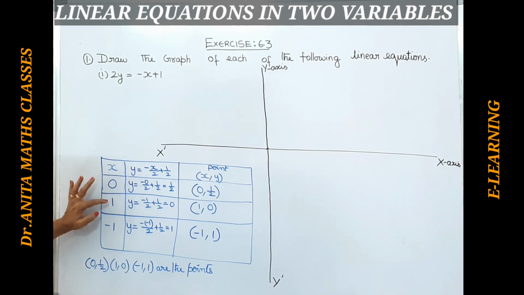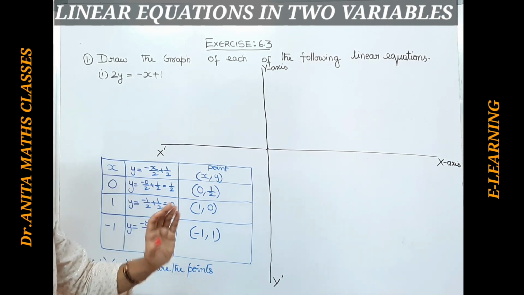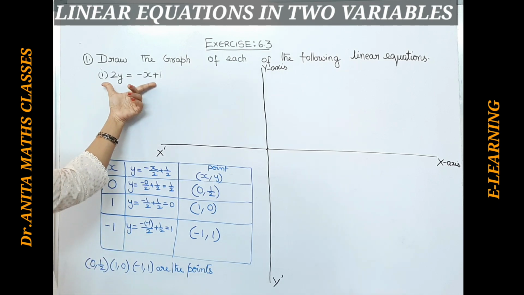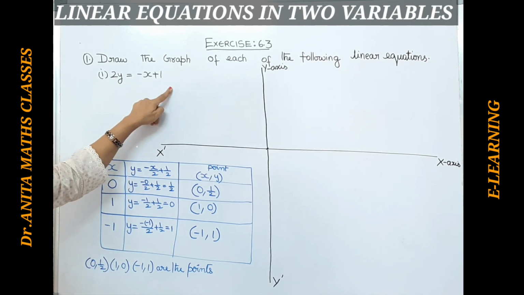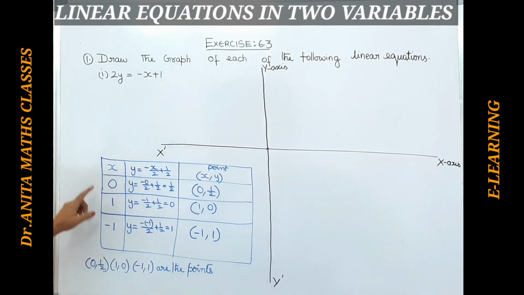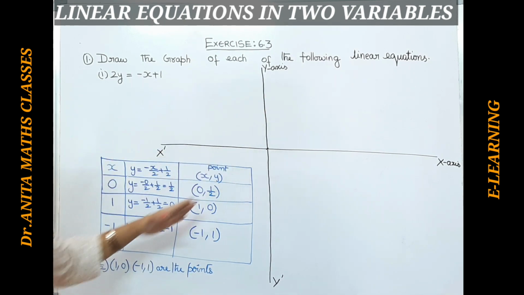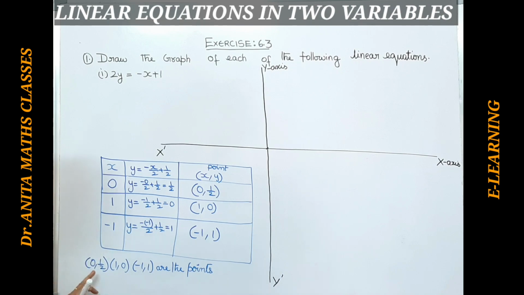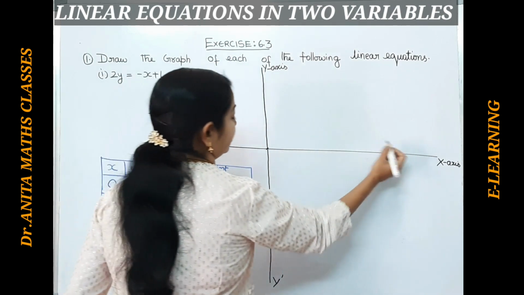You can take any values, simpler values possibly, because the equation is simple. So take at the max 2, minus 2 likewise. But take one negative value, one positive value and a 0, so that we get a clear graph.